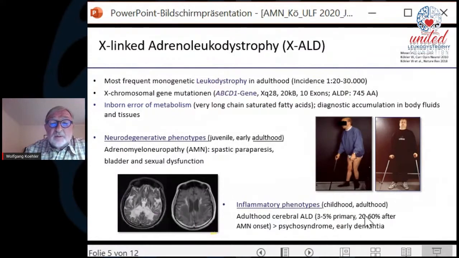And more important, up to 60% of patients who had previously AMN, maybe over years, maybe over decades, can develop inflammatory disease, which is shown here in the MRI.